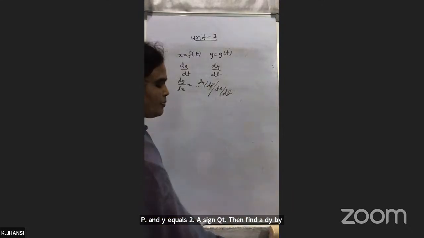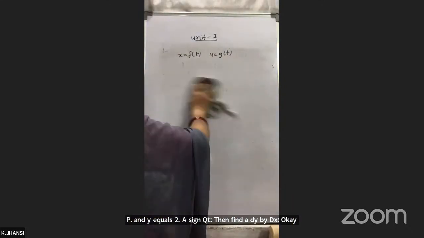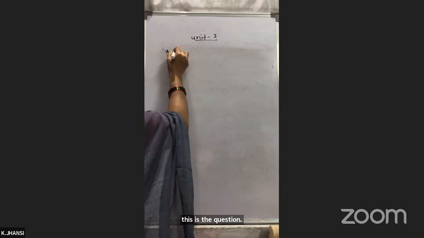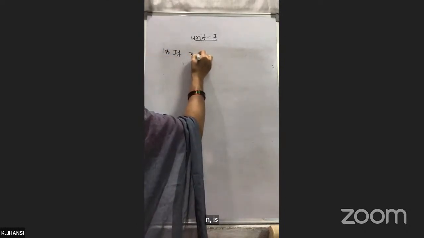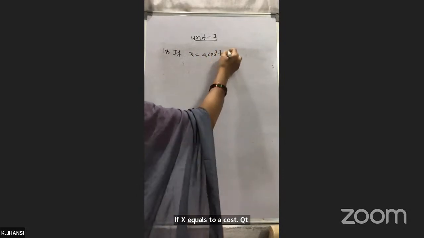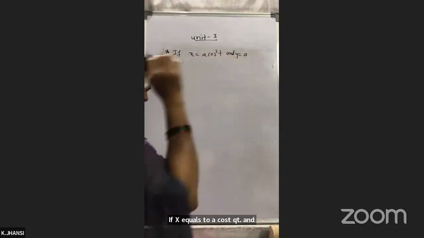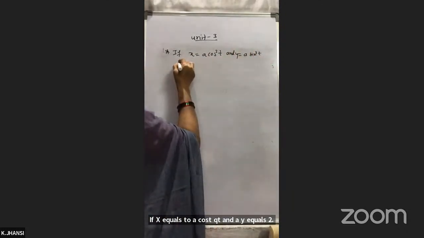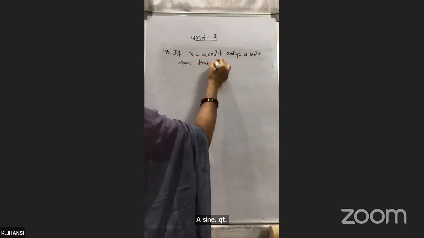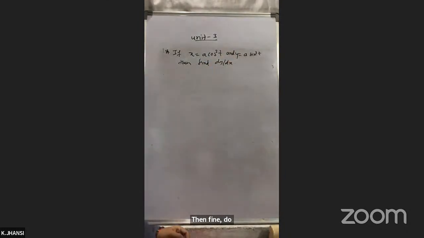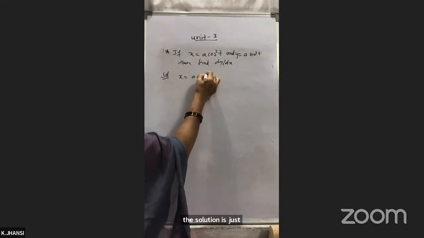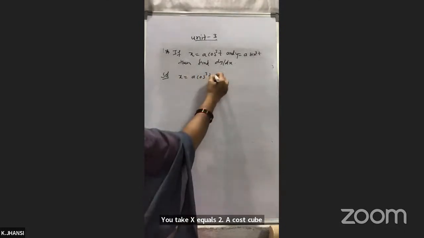Okay, this is the question. So for this, the solution is, first you take x equals a cos cube t. Okay, you can take this as 1.